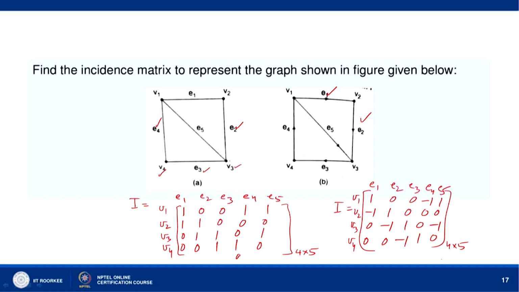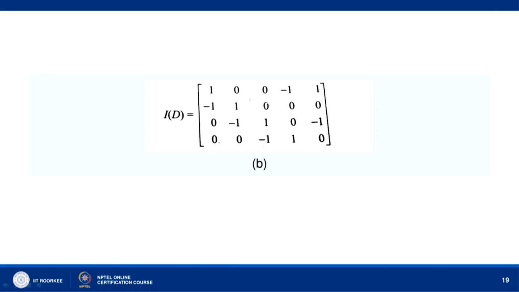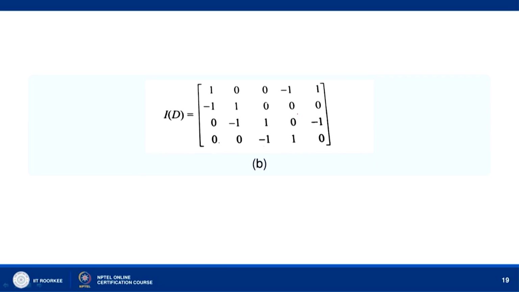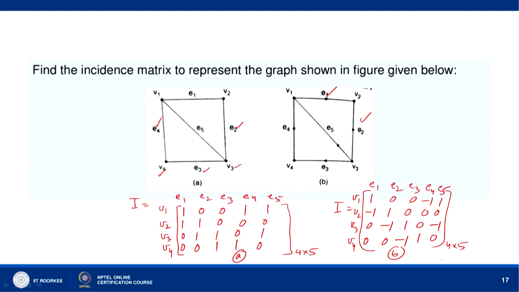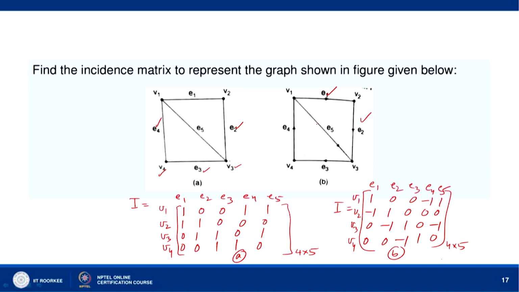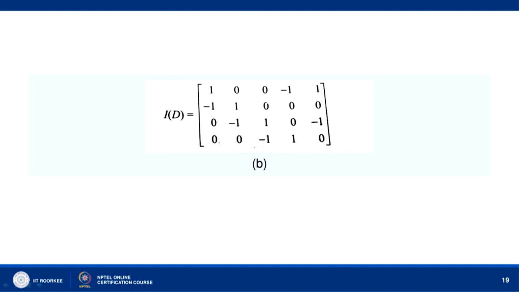This is the A part and this one is the B part, and in the B part we have 1 0 0 minus 1 1, then minus 1 1 0 0 0, then 0 minus 1 1 0 minus 1, and then 0 0 minus 1 1 0.